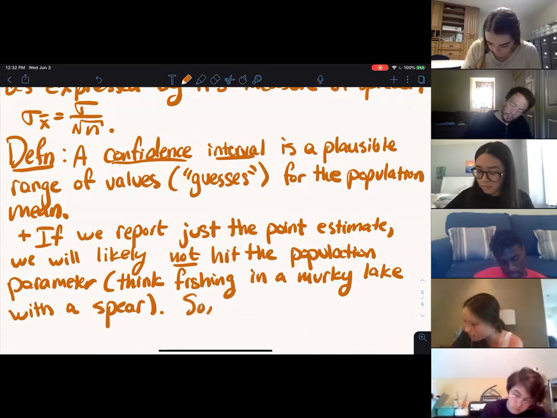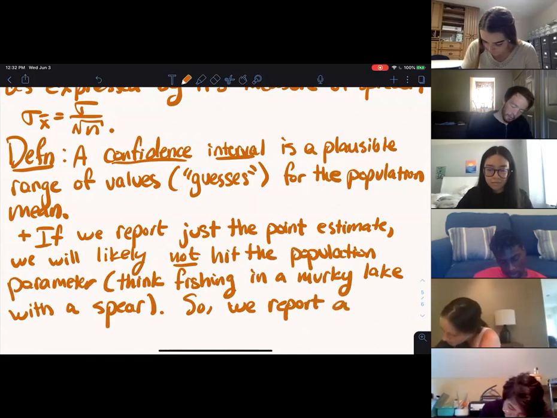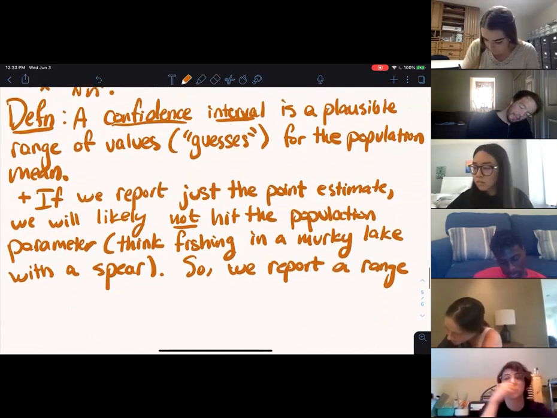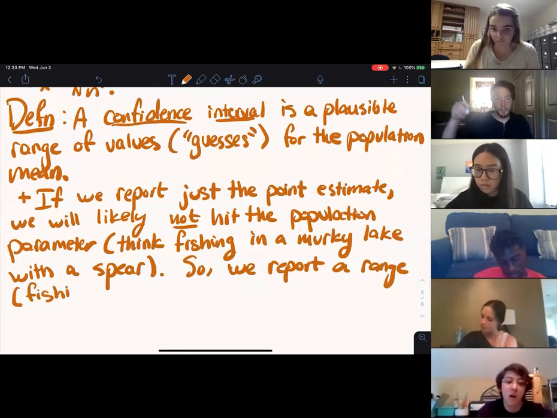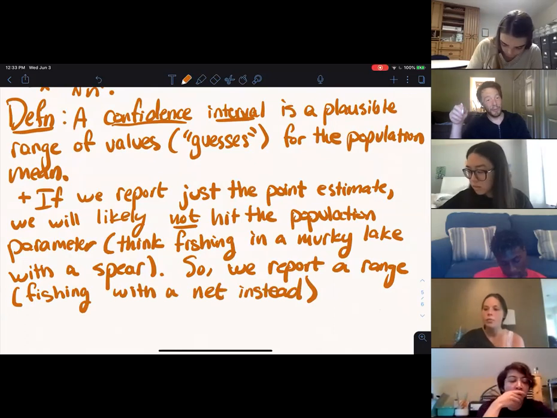So we report a range. And here you should think of fishing with a net instead. Putting down a point estimator is like throwing the spear into the water; it doesn't work very often.